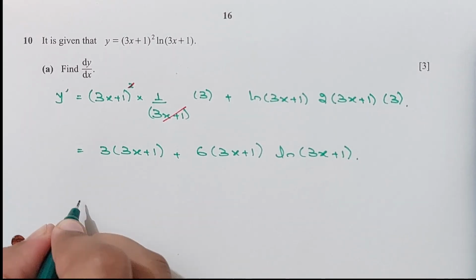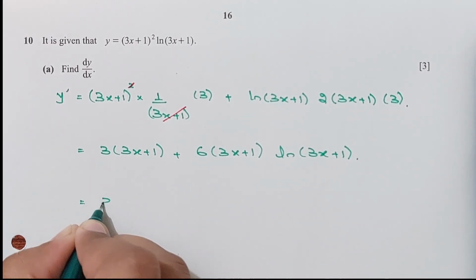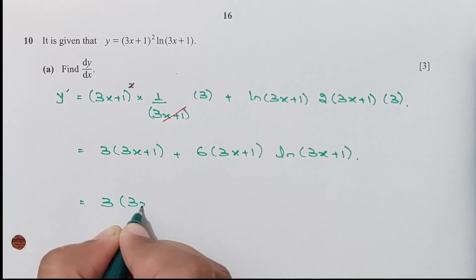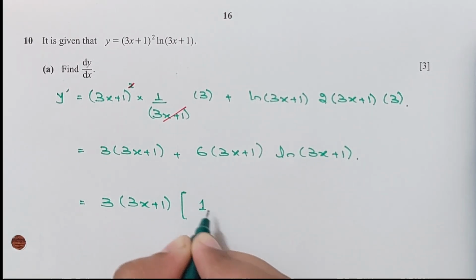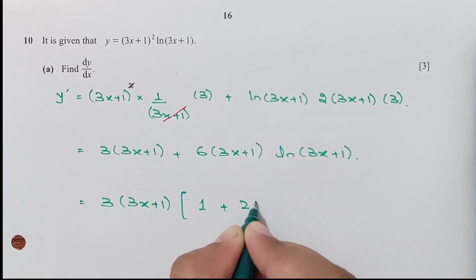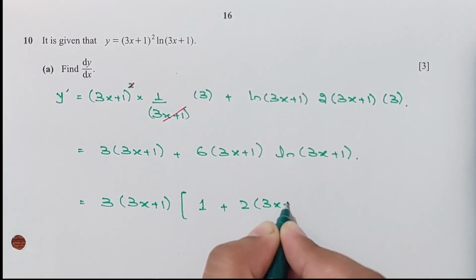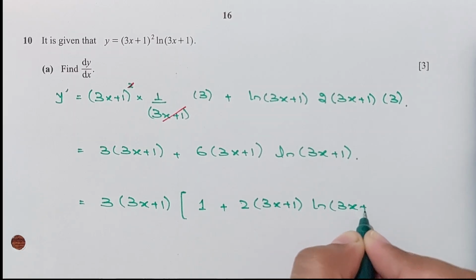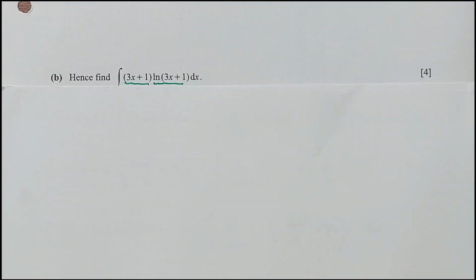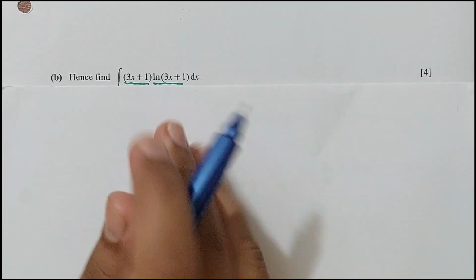Now let me take 3 and 3x plus 1 common, right? So we have 1 here, plus we have 2 into ln of 3x plus 1, right?